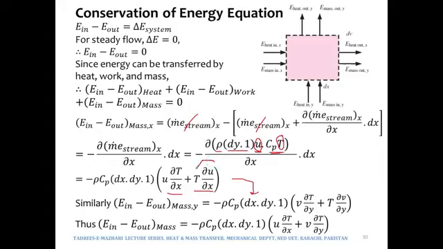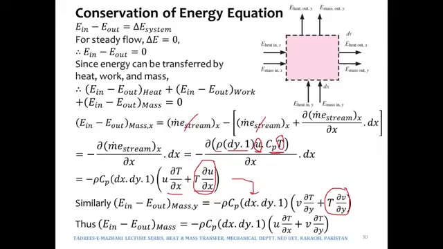We do not have this term over here in the last expression, and we do not have this term over here in the last expression. The reason is that when we take T common out of these two terms, we would have ∂u/∂x plus ∂v/∂y, if we take temperature common out of these two terms.